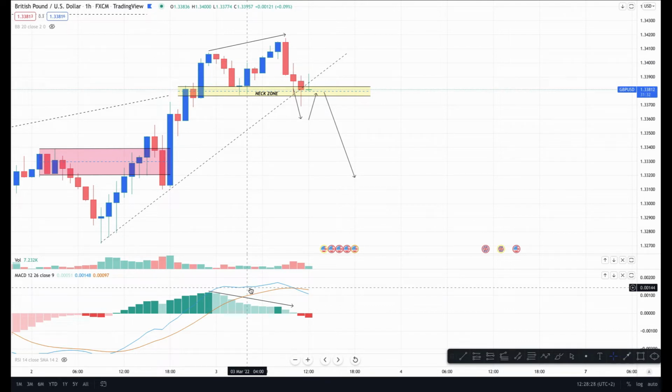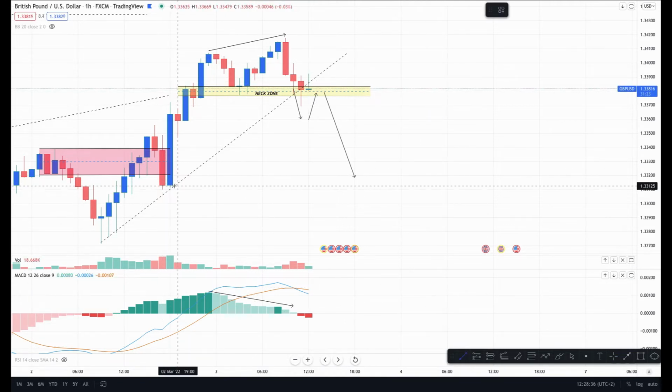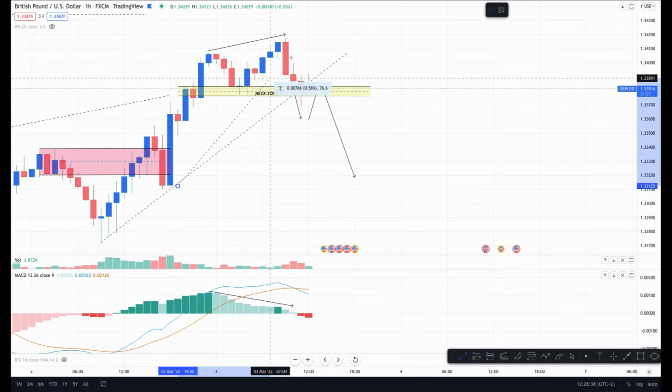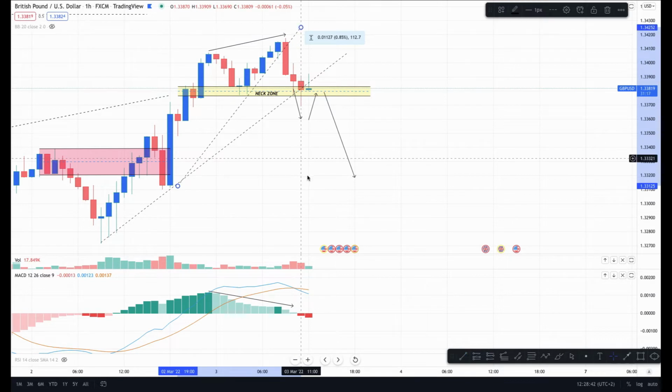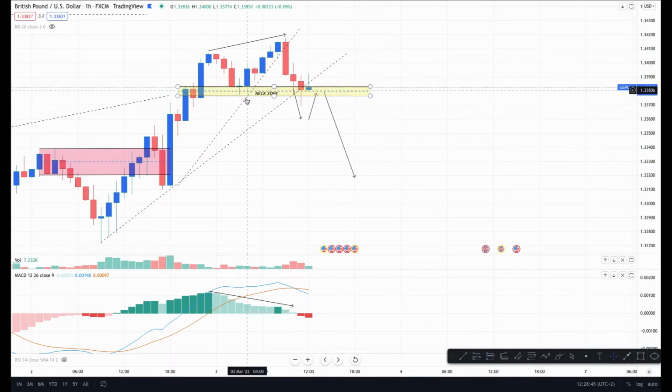I would normally like to see that, but we don't. So is this a grade A setup? Not so sure. Another thing that I would normally like to see is a trend line like this. I would like to see that middle point of the double top, this area here, be a tap on the trend line. That's what I would ideally look for.